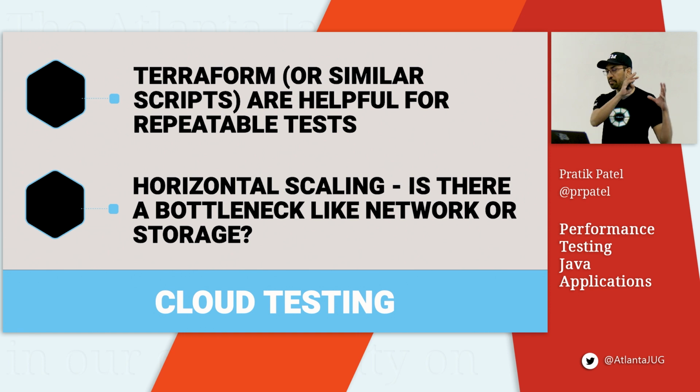There's a diagram from Netflix where they have all their microservices pointing to each other, and it's called the Death Star pattern. You may have seen that before, okay? So if you have that kind of setup, is horizontal scaling really going to help you solve a performance problem? Maybe, maybe not, okay?